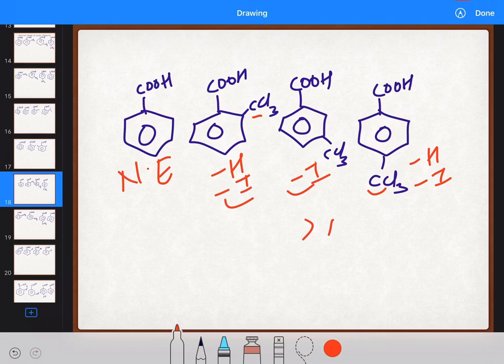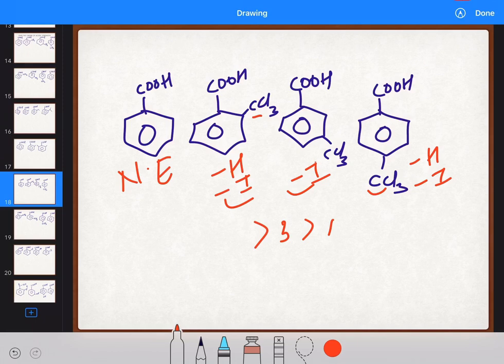It will not increase stability as much as is increased by minus H. Okay, then the second and fourth one will be more acidic than the third one. Then the third one will be here. Now we have to compare between the second one and the fourth one. Correct?